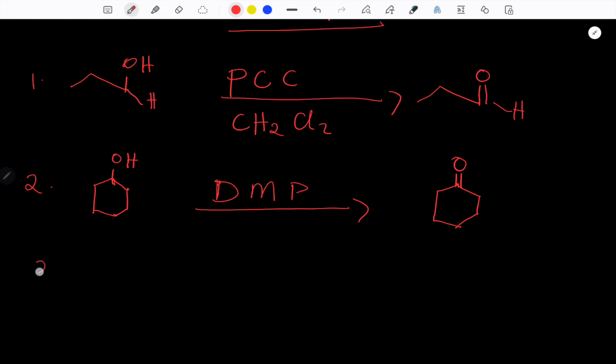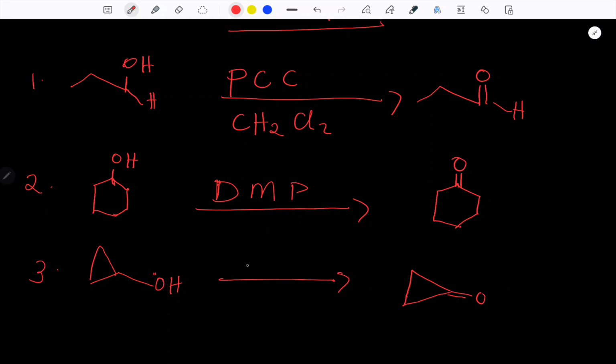Number 3. Let me get this one. So this is also a secondary alcohol converted to a ketone.